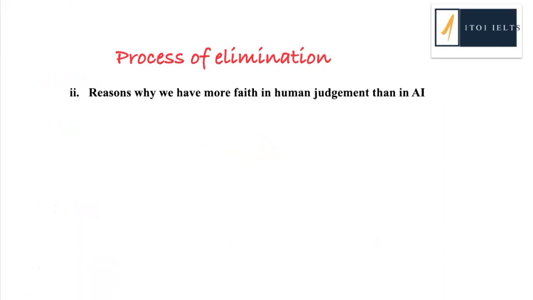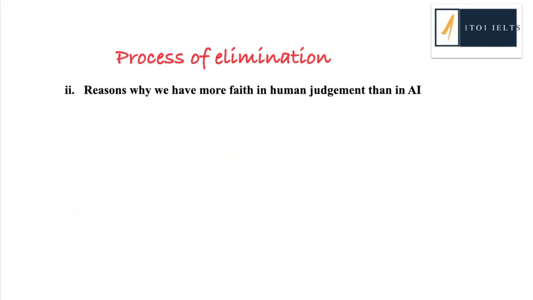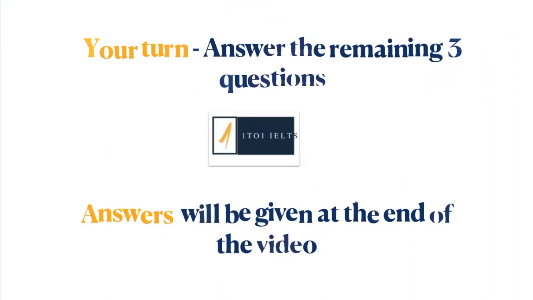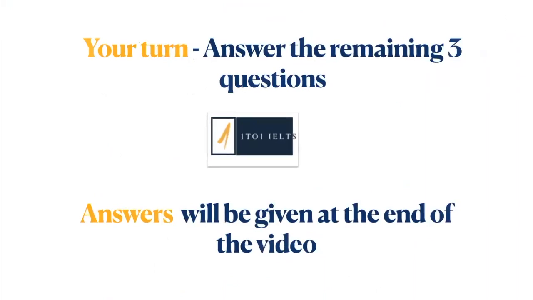So we're left with what we were thinking was a possibility, that reasons why we have more faith in human judgment than in AI. So we know that the heading for section C is heading number 2. Okay, so this is now going to be over to you. We've got 3 questions remaining.